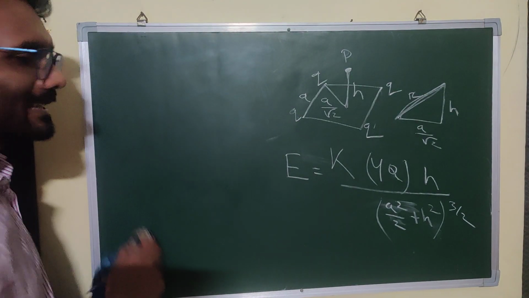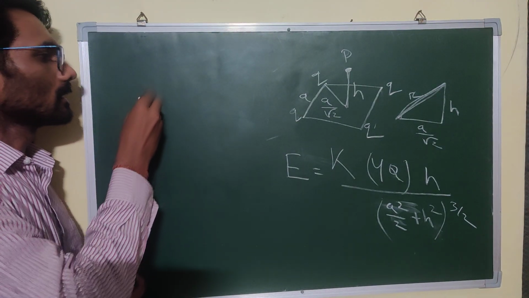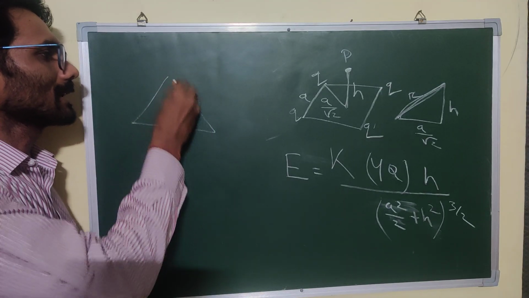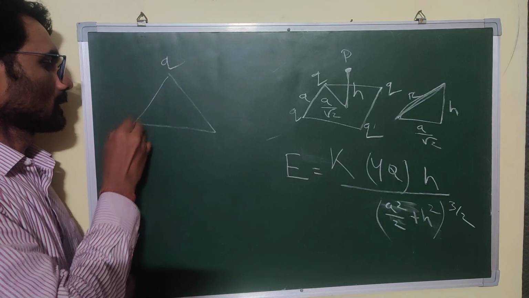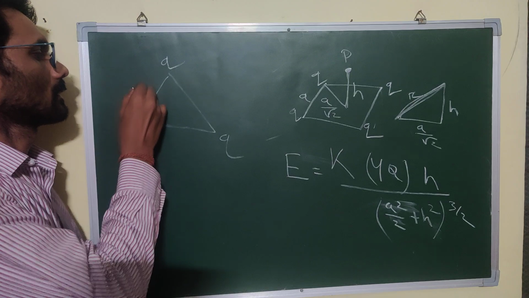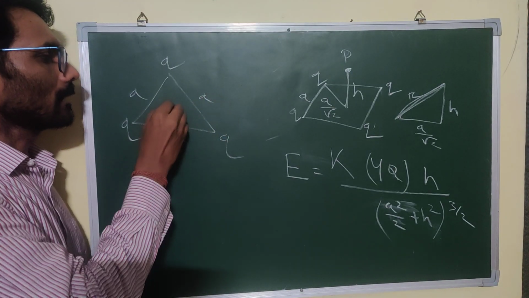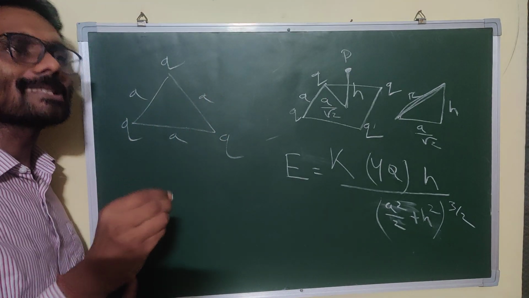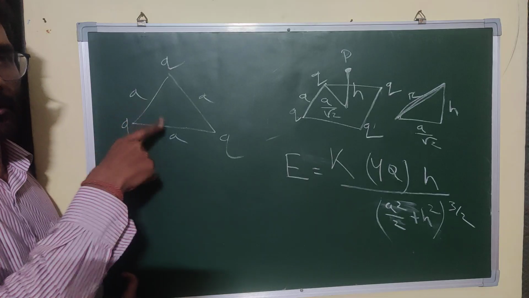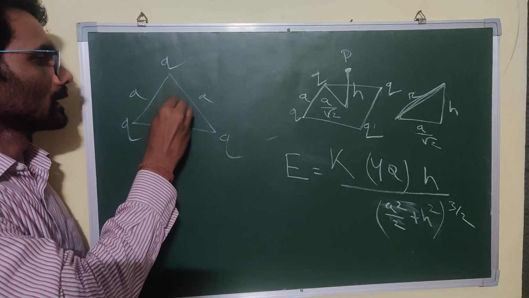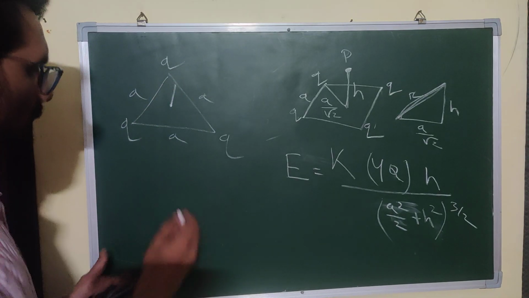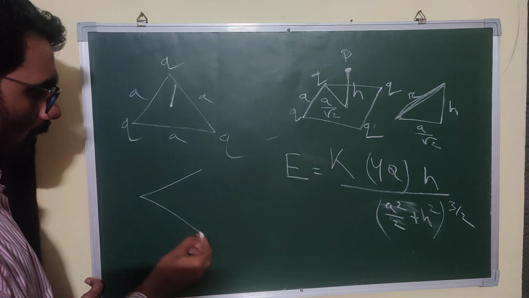Likewise, you try this one. This is homework. An equilateral triangle is there, side A. And find out the electric field H height above the centroid. How to do that drawing?